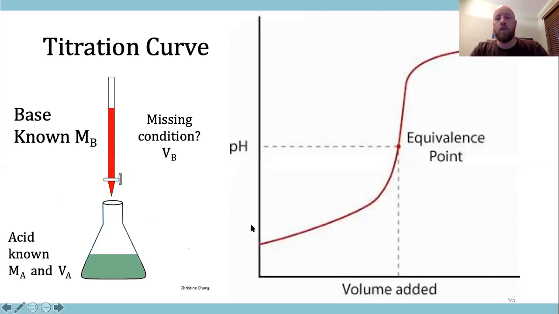And the way a titration works is that at some point, the moles of acid equal the moles of base, the equivalence point. This is a kind of graph that we would have, and we'll probably talk about this again next time. This is something you will deal with more in 112.